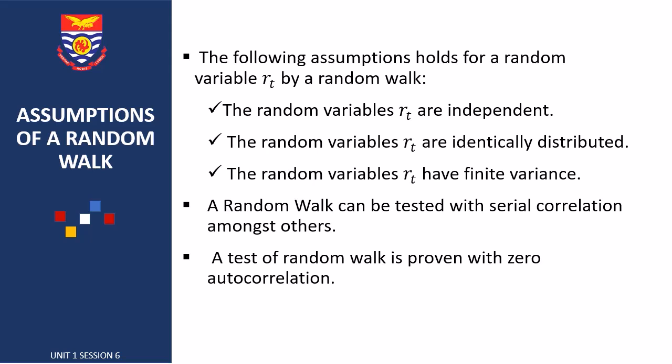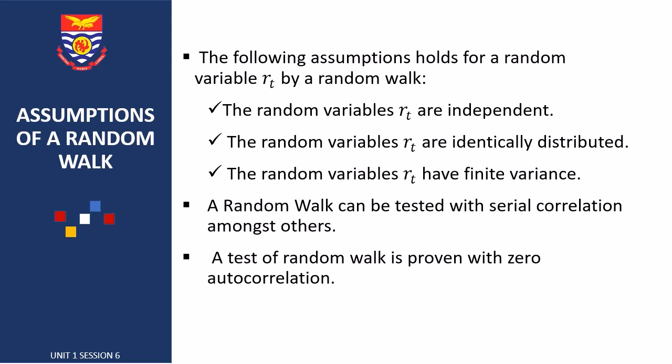The random walk can be tested by the serial correlation test, among others. So we have a test of serial correlation. For an asset to exhibit a random walk, that asset should have zero serial correlation.